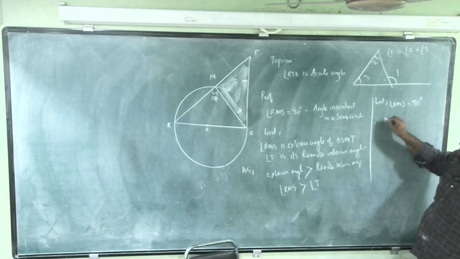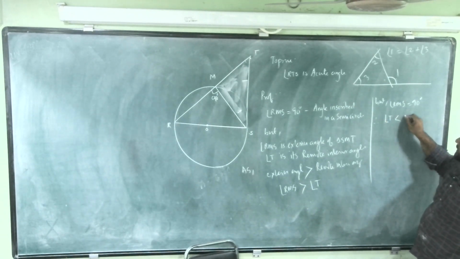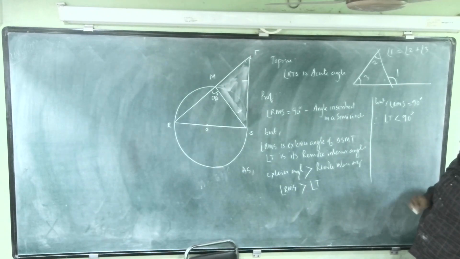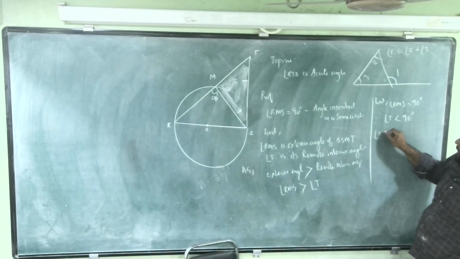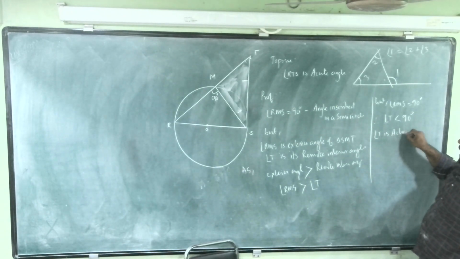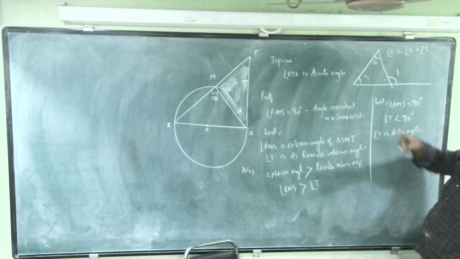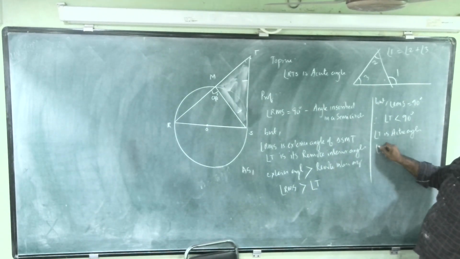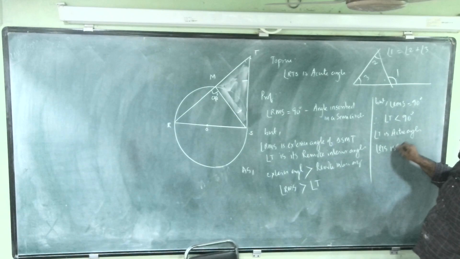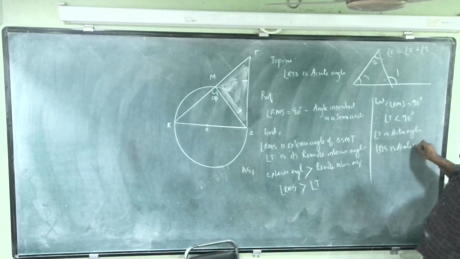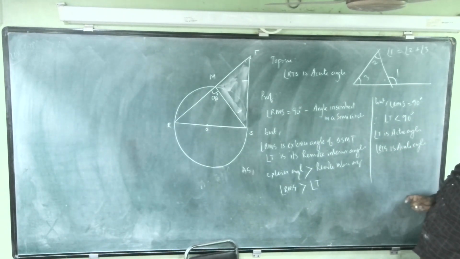Therefore, angle T will be less than 90 degree. And if angle T is less than 90, that means angle T is an acute angle. Angle T means which angle? Angle T means angle RTS is an acute angle. You understood this? Yes. Come on, write it down.